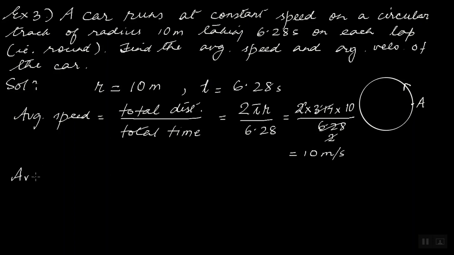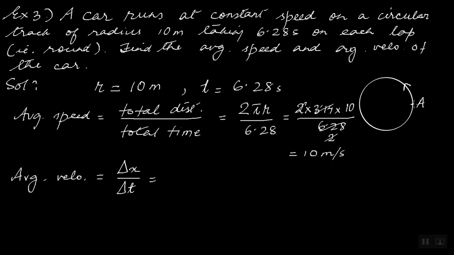What about the average velocity? Average velocity is delta x by delta t. What is delta x? Delta x is the displacement. If the body is going from A coming back to A, what is the displacement? See, displacement by definition is the distance from the initial position to the final position, right?